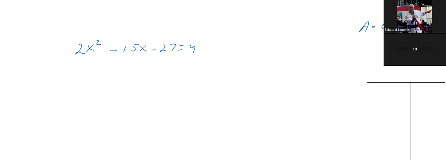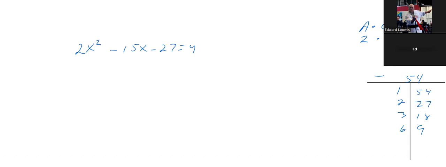Okay, so I know that I have to multiply a times c. So a is 2, c is 27. 2 times 27 is 54. And c is negative, so we're going to subtract to get whatever b is. Factors of 54: 1 times 54, 2 times 27, 3 times 18, 4 doesn't work, 5 doesn't work, 6 times 9, and I do believe that's all there is.